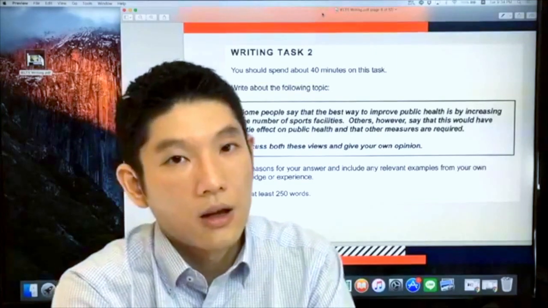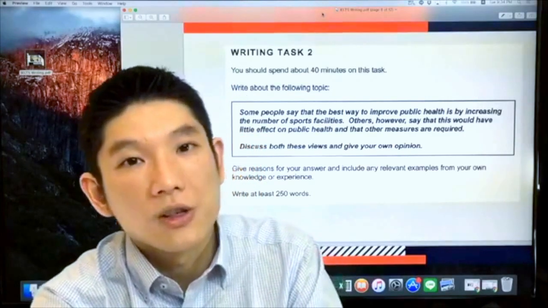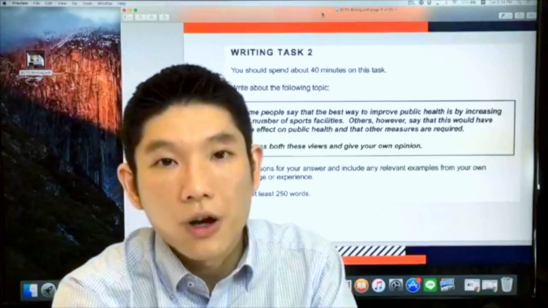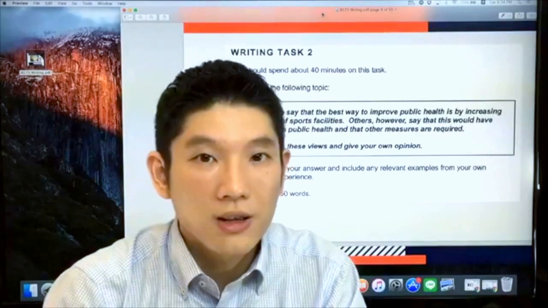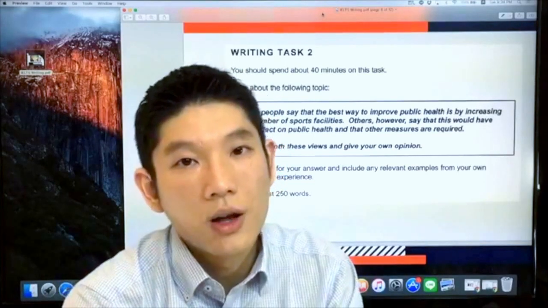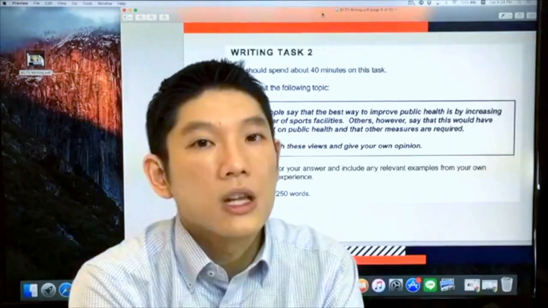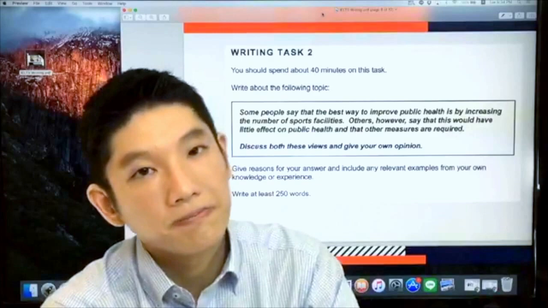For me, I usually finish task 1 first before moving on to task 2 because I find it more difficult and it requires more concentration for me. So by the time I finish task 1, I'm pretty much exhausted. But task 2 is usually pretty easy for me to handle because it's just a prompt asking my opinion.